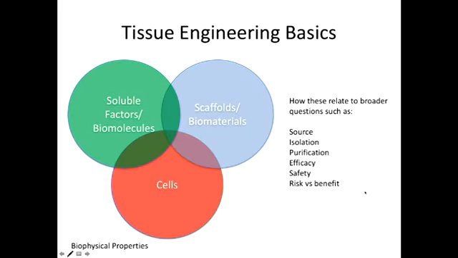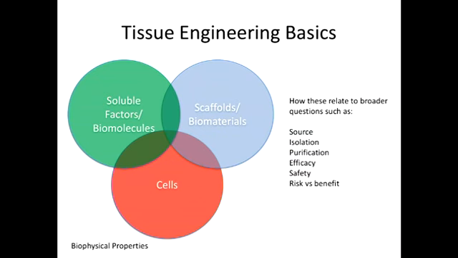So what I'd like to do now is to spend a little bit of time. I'm not going to talk about the basics of tissue engineering from a traditional approach. I'm going to get you to think about the different components and how they're required, and try and pull together a little bit of stuff in regards to considerations that Megan brought up about isolation, source, ethics, etc. So this was the traditional tissue engineering approach.